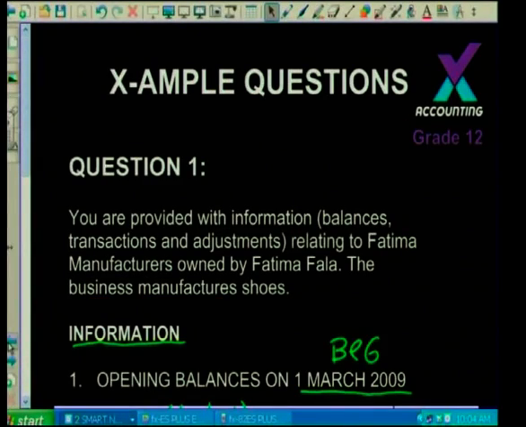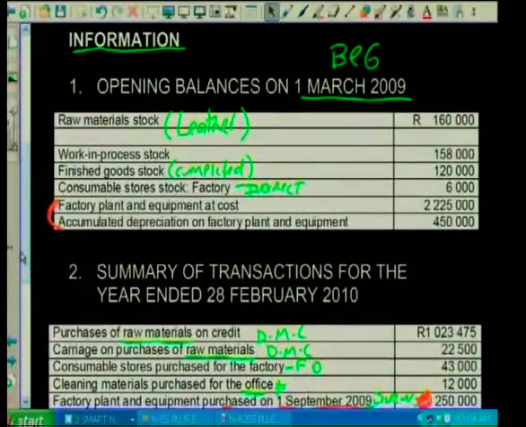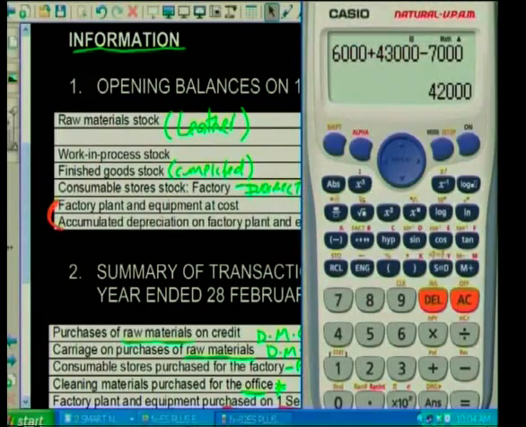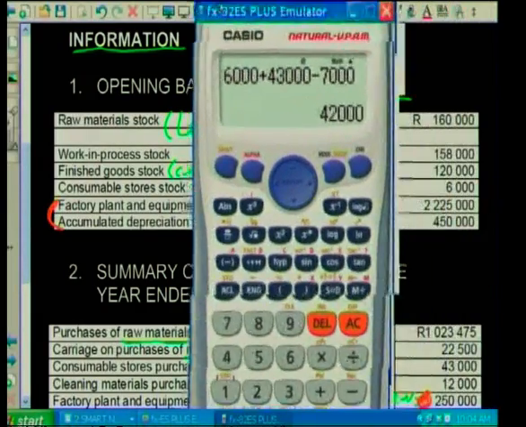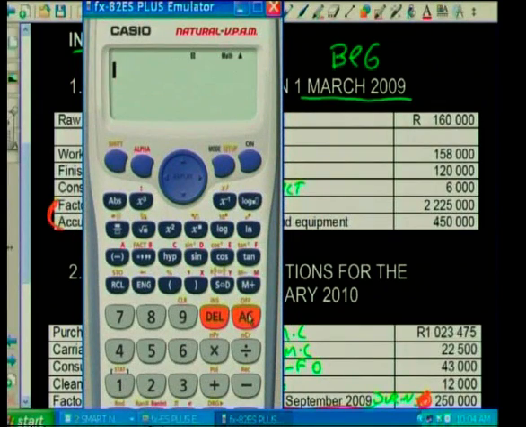Okay, so my old factory equipment, in other words, before I purchased, had a cost of 2,225,000, accumulated depreciation 450,000.